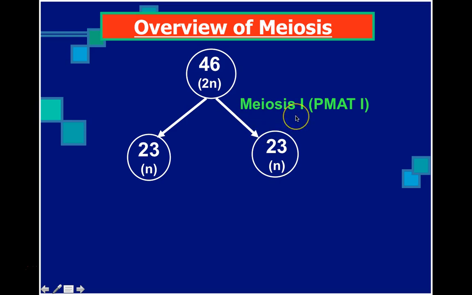Now we call this process meiosis I, or PMAT 1. PMAT standing for prophase, metaphase, anaphase, and telophase. These phases still exist, except for when you're talking about meiosis I, you need to put a Roman numeral 1 after every single phase. So there's prophase 1, metaphase 1, anaphase 1, and telophase 1.